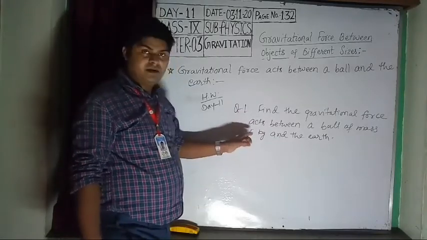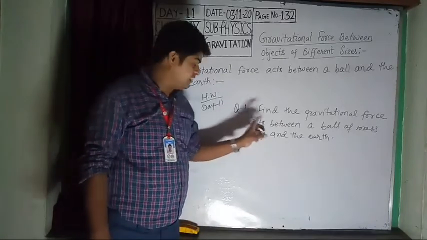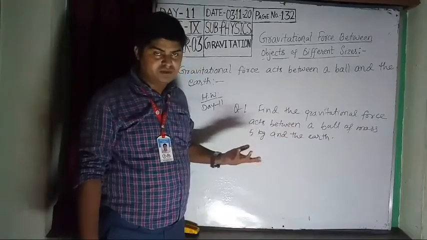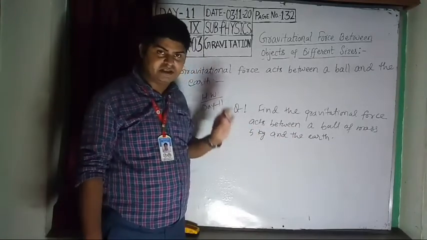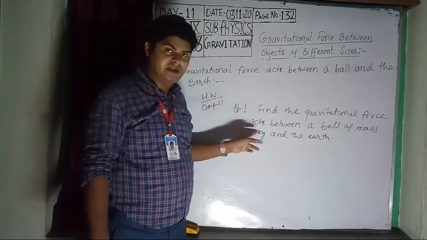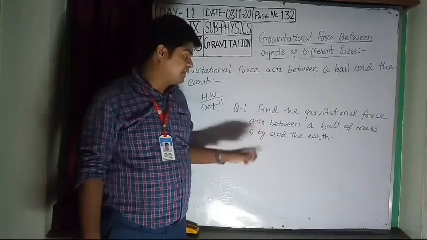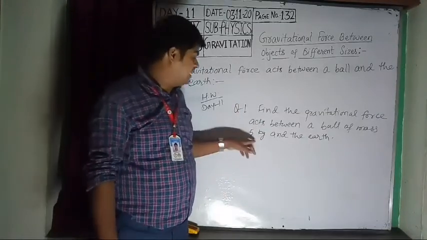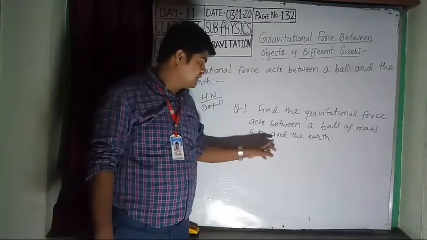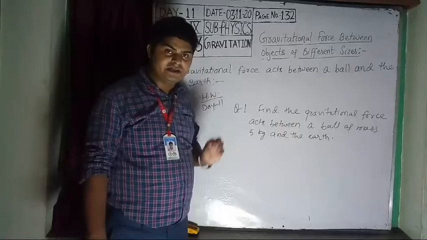Here the mass of the ball is given as 5 kg, that means the value of m1 is 5 kg, and the second object is the earth, and you know the mass of the earth is 6 into 10 to the power 24 kg. So take m2 equal to me equal to 6 into 10 to the power 24 kg, and r equal to the radius of the earth, re equal to 6.4 into 10 to the power 6 meter.